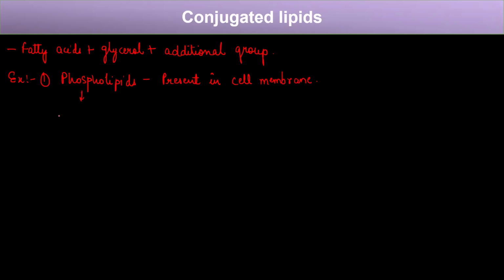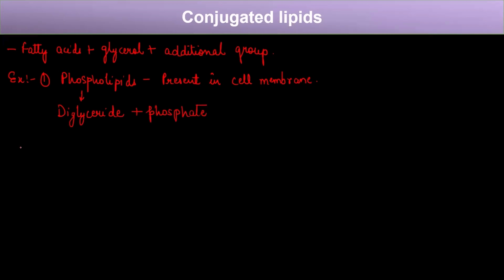The phospholipid comprises diglyceride plus phosphate. The additional group that I was talking about is phosphate. Let's draw the structure.